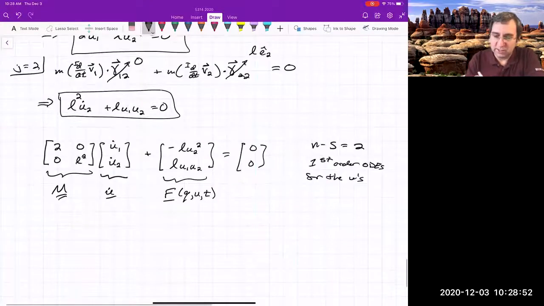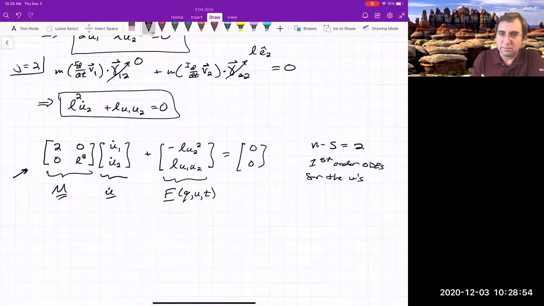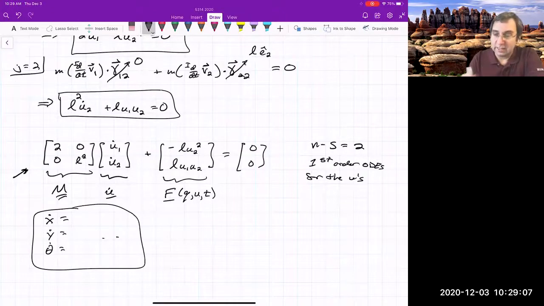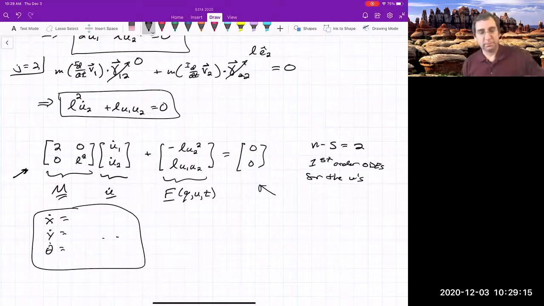So we solve these dynamical equations at the same time that we solve for, I guess you can call them the kinematic equations for x dot, y dot, and theta dot. You don't need these to do the dynamics, but you need them if you want to know, kinematically, how the baton progressed, okay?